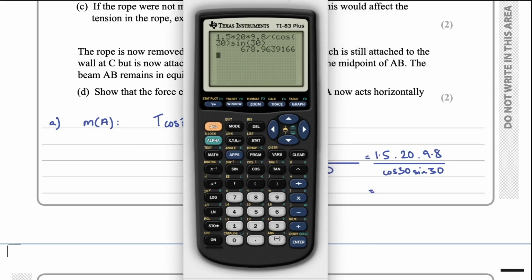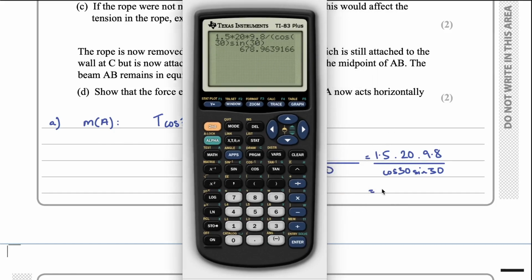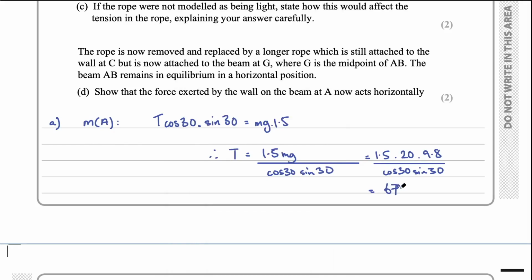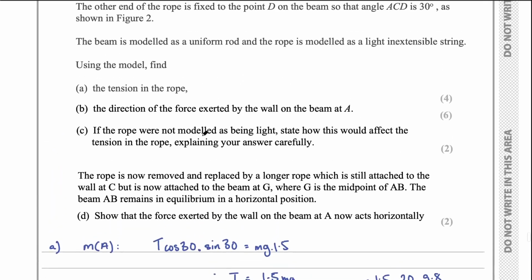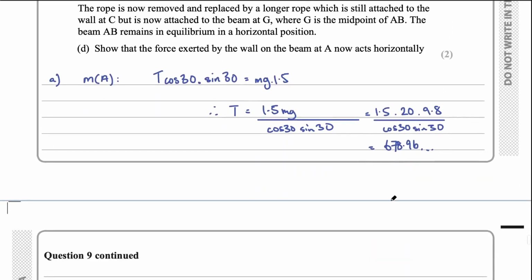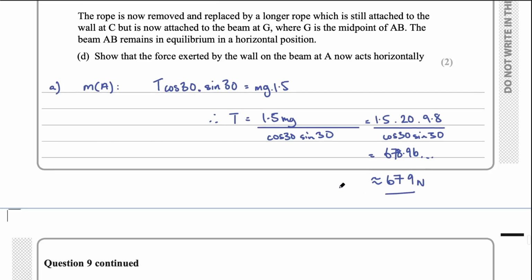So we get 678.96, etc. Now they don't tell us to round off, but at the start of this section, remember it said to round to 2 or 3 significant figures. So here I'll do 3 significant figures. We would get 679 newtons. Okay, so that's the tension in the rope.